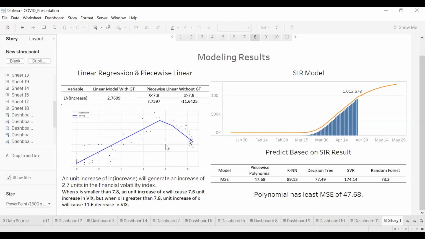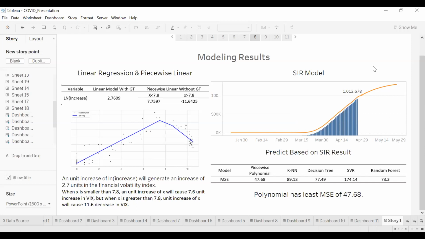So before 7.8, when the logarithm of increased cases increases, the VIX will increase, but after 7.8, it will decrease when X increases.